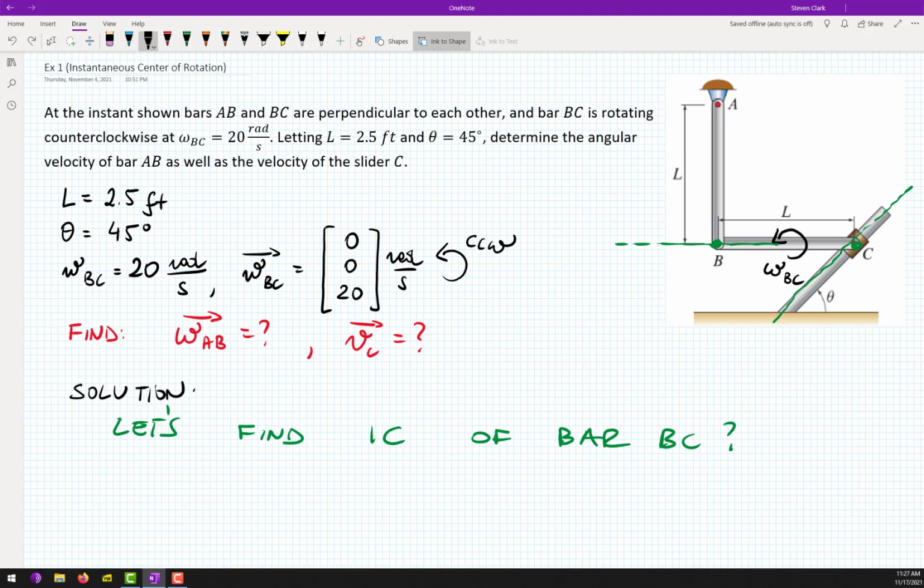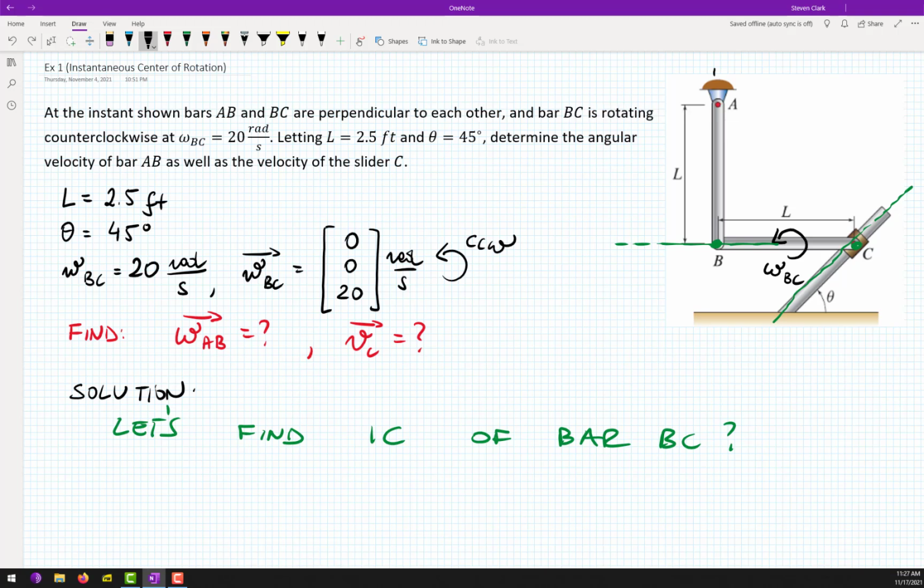Let's draw two perpendicular lines to these green lines. So these black lines here.